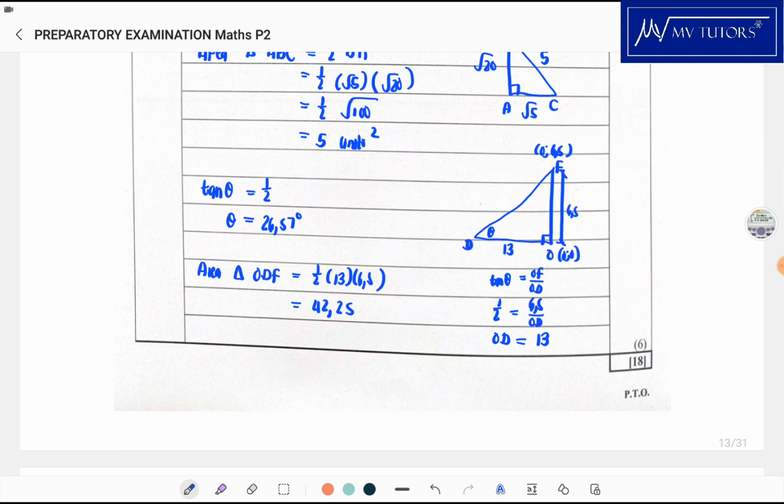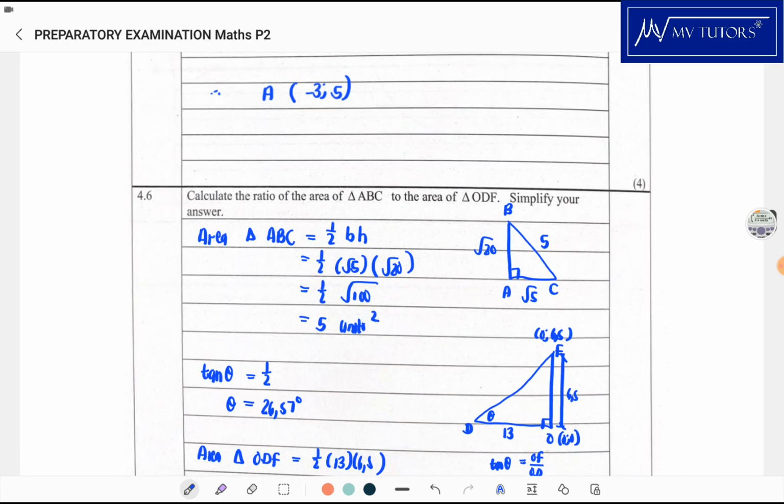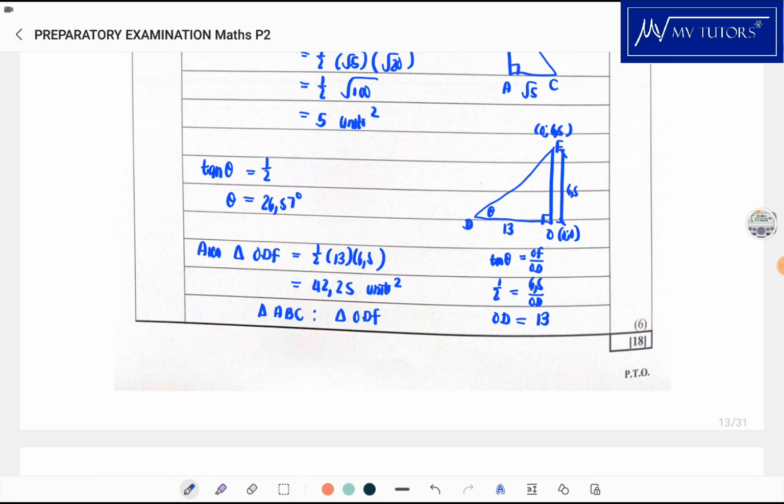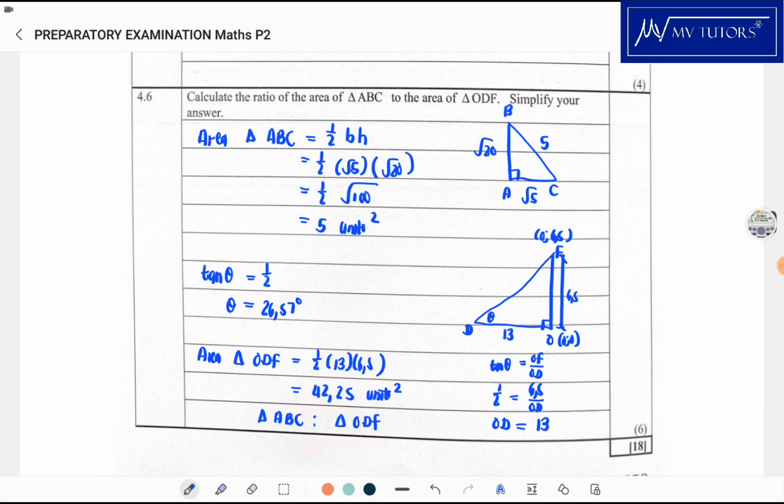Now they wanted a ratio. So they said calculate the ratio of the area of ABC to the area of ODF. So triangle ABC to triangle ODF. All right, and then what do we have there? We have ABC as 5. Let me put in the units squared.